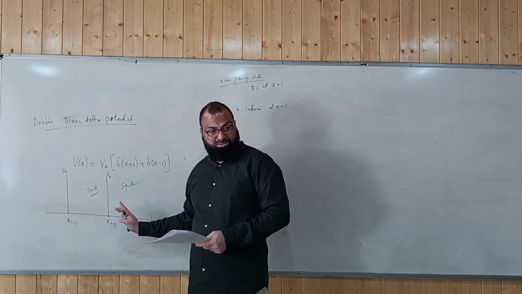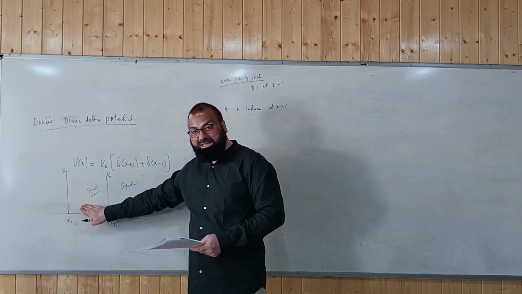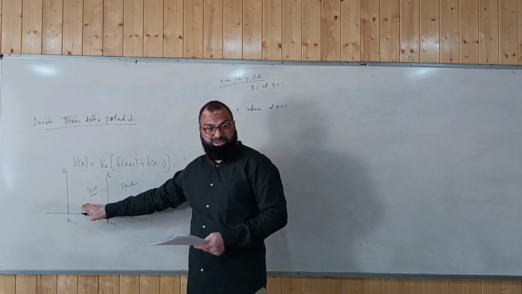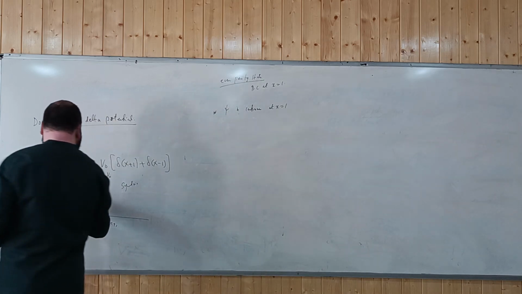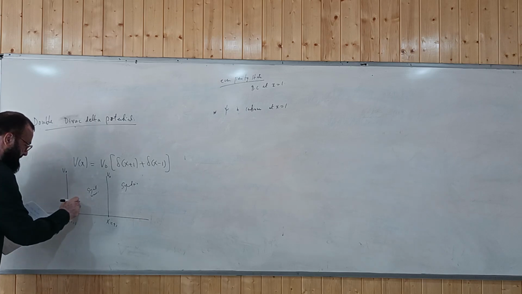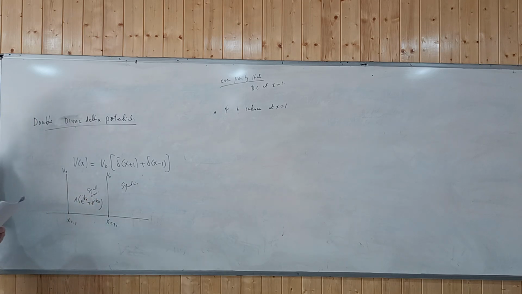What should the wave function be here? It should be an even function. What is the solution of the Schrodinger equation here? It will be e^(ikx) plus e^(-ikx), with some normalization constant A.